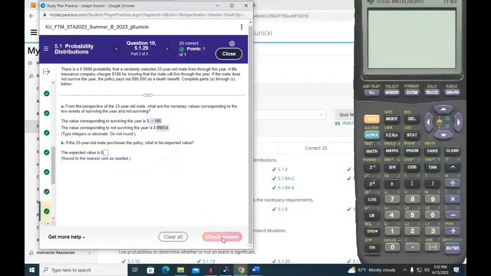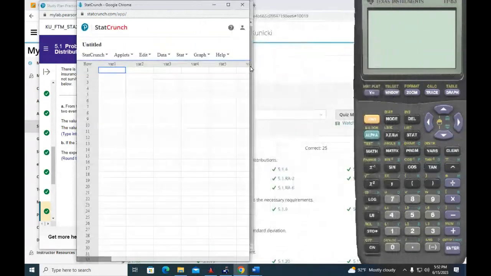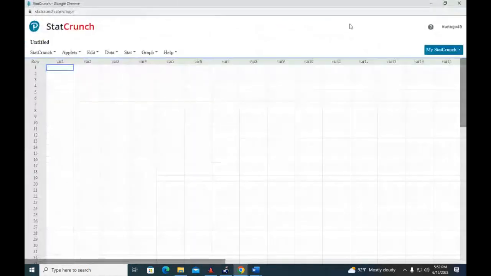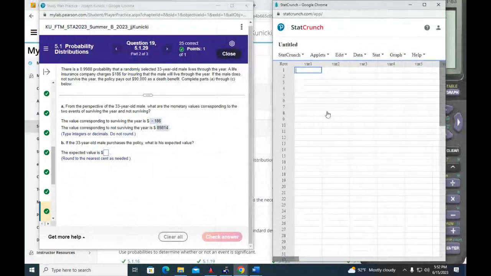Okay, so the expected value. Let's do it a different way this time, just so you can see that you could do it this way. I could just create my own input. I could put in minus 186 for the first one and 89,814 for the second one. And in the second column, I'll put probability.